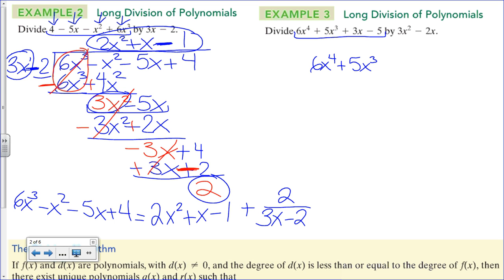Now you notice there is no x squared here, right? Now you don't have to, but I will suggest that you leave that space with a 0x squared. The next term will be 3x and then minus 5. All of that is being divided by 3x squared minus 2x.